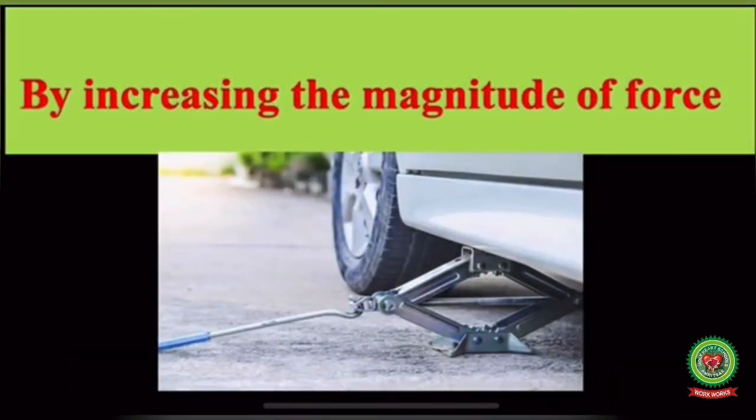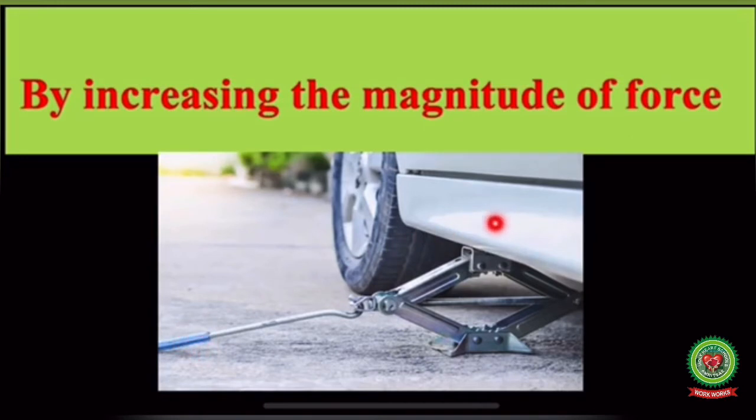The first point is a body acts as a machine if it gives us increase in magnitude of force. Here we have the example of a jack screw. A jack screw is used to lift a car, right? And we cannot lift the car by ourselves. We apply manual force on the jack at this point, and in result it lifts the car.